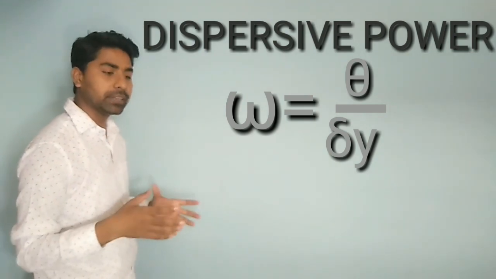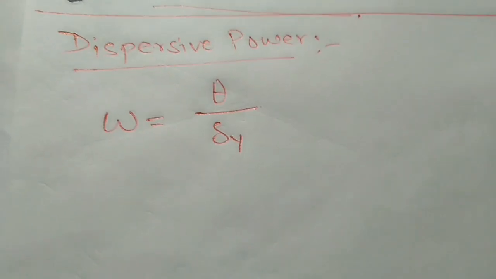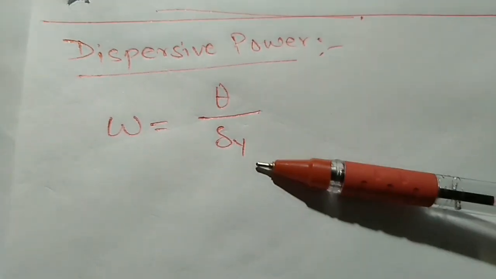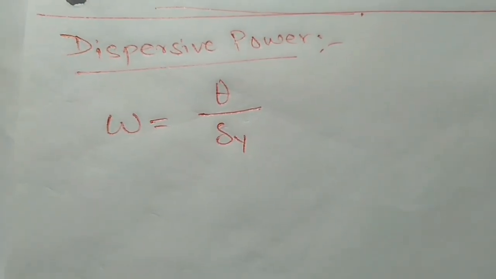Let's go into detail further in the sheets. Dispersive power is defined as the ratio of angular dispersion and the deviation of the mean color. So dispersive power omega is equal to angular dispersion theta upon the deviation for the mean color.